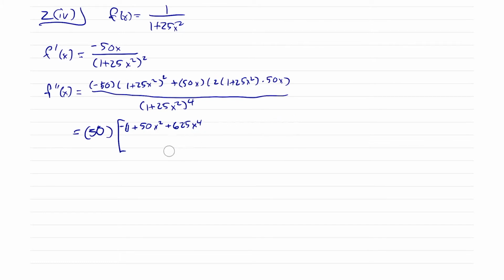We can simplify this a little bit better than that. So not only can I factor out a 50, but it looks like there's a 1 plus 25x in both numerators and denominators.